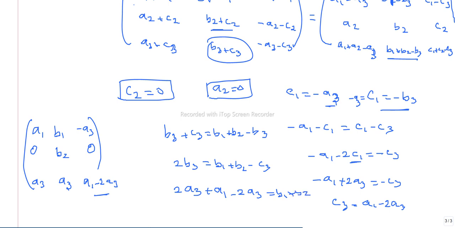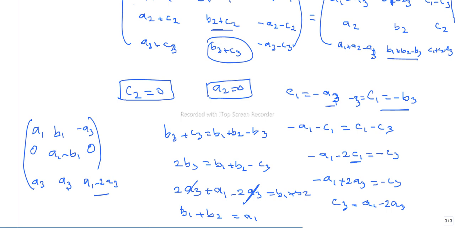We can cancel this B3, therefore B1 plus B2 should be A1. So therefore we can replace B2 equal to A1 minus B1. So this B2 can be replaced by A1 minus B1.